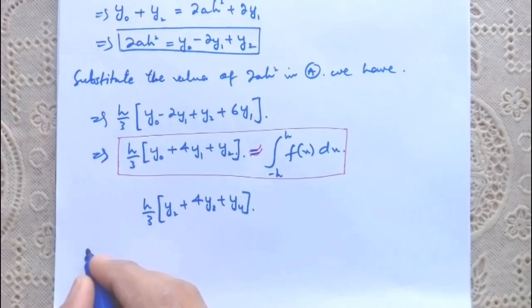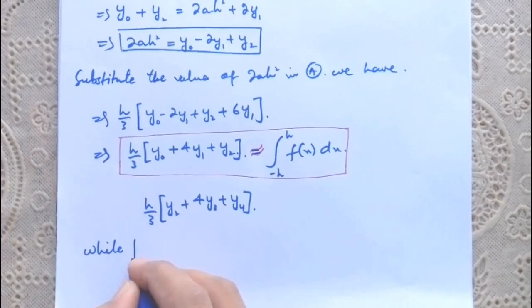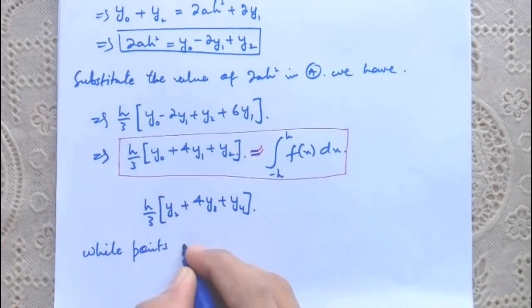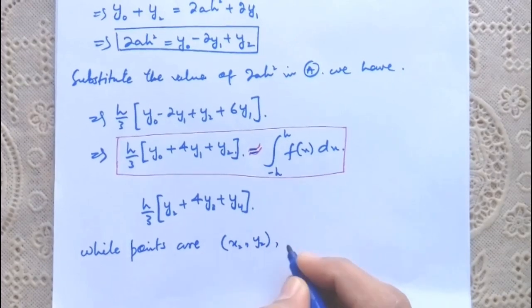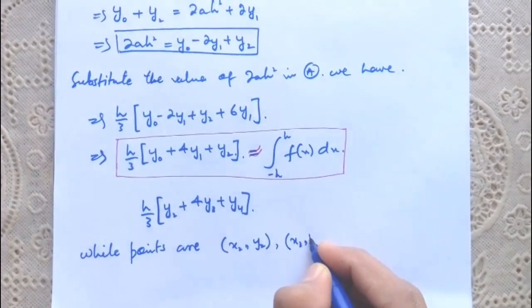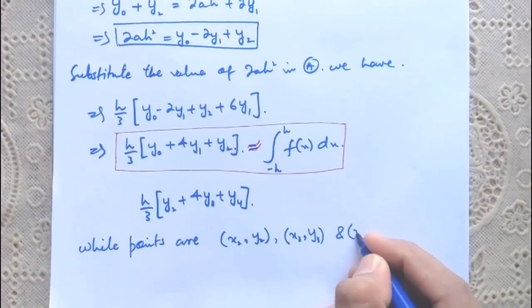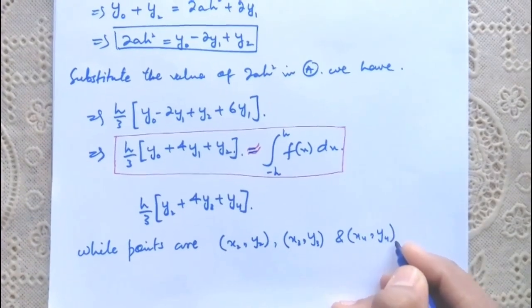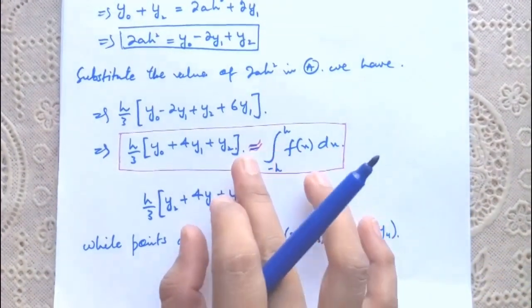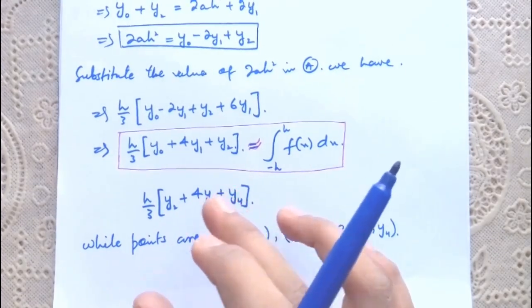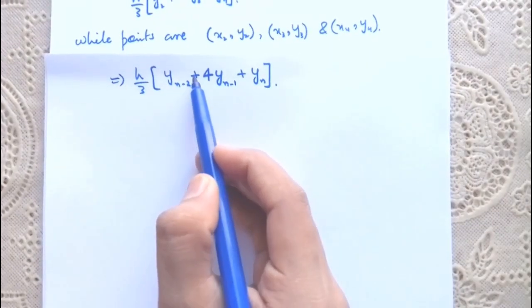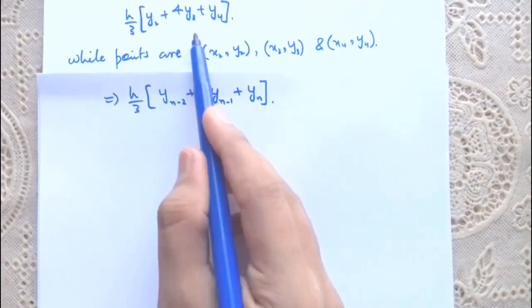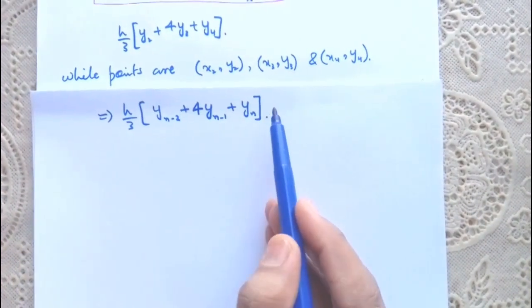And the points will be x2 y2, x3 y3 and x4 y4, right. So from this sequence of formulas you can easily guess the general form, that is h upon 3 y n minus 2 plus 4 y n minus 1 plus y n, right.